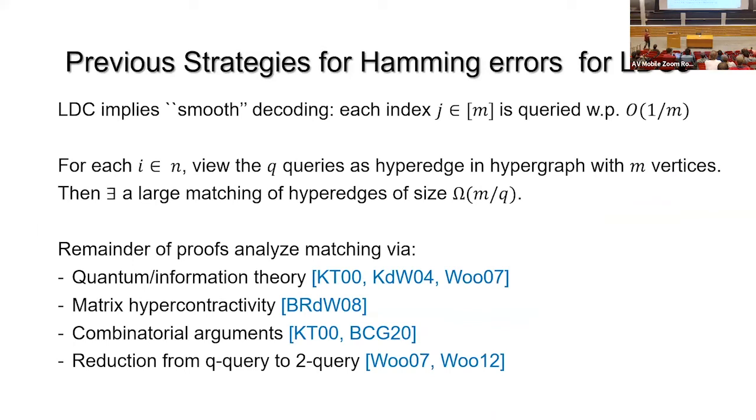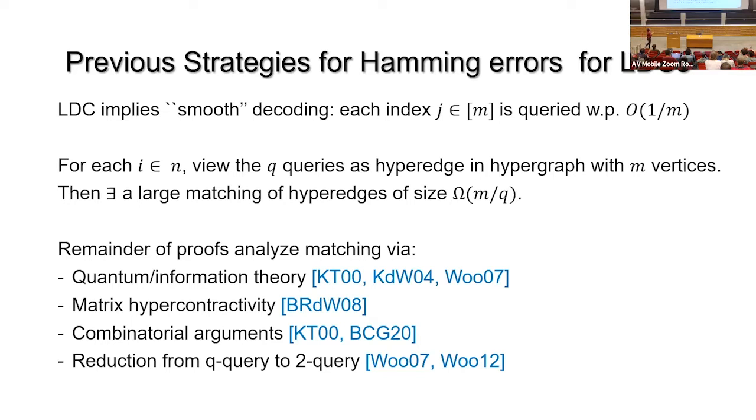So I want to say a few words about the proof of the lower bound. And before that, I want to say a few words about how people prove lower bounds for constant query LDCs in the Hamming model. The idea is that you can focus on local decoders that are smooth, which means that they query each bit of the encoding kind of uniformly.